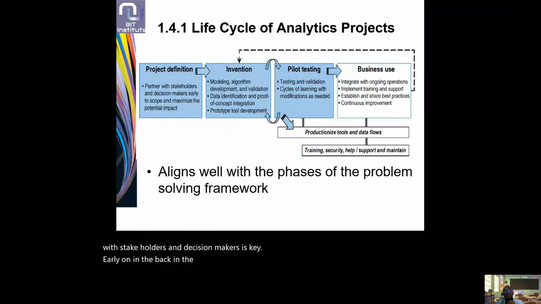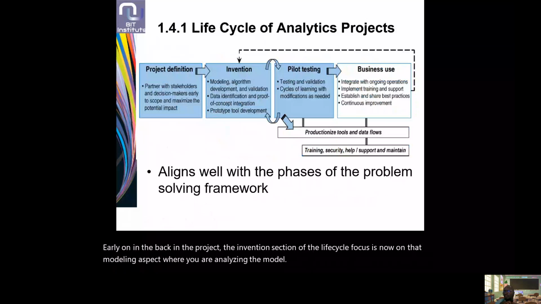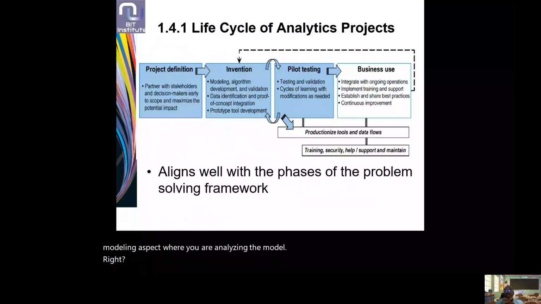The invention section of the life cycle focuses now on the modeling aspect, where you are analyzing the model, right? Deciding on what is the critical algorithm that is important for this particular situation. Establishing validation.